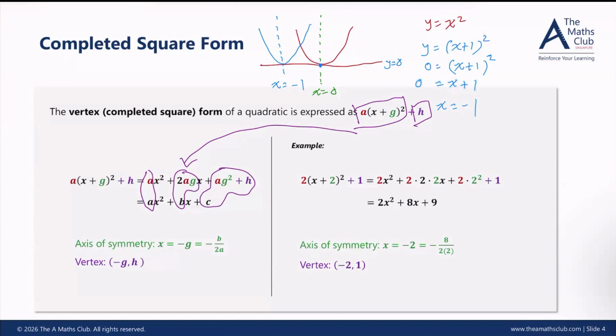Similarly, for any equation involving y equals x plus g squared, the parabola will give you an axis of symmetry at x equals minus g. And the parabola will shift to the left if g is a positive number, and it will shift to the right if g is a negative number.